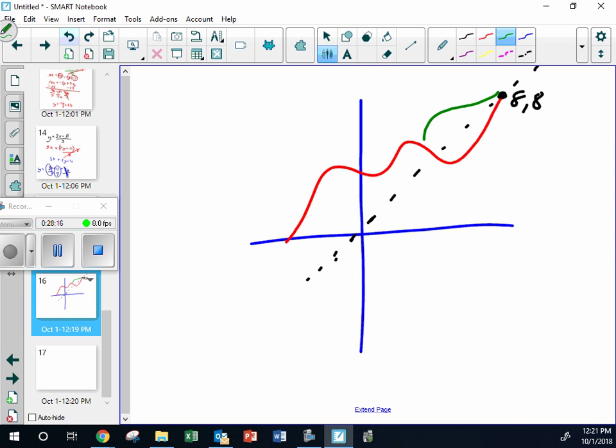And then it has to hit there. There, I got my first part done. Then I'm going to cross the line again because that spot shares it with its inverse. And then that spot is important. If that's 8, this must be like 0, 4 or something like that. Then 4, 0 would have to be on the graph too, right?